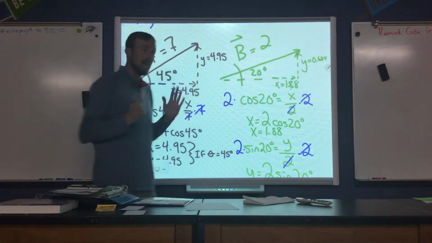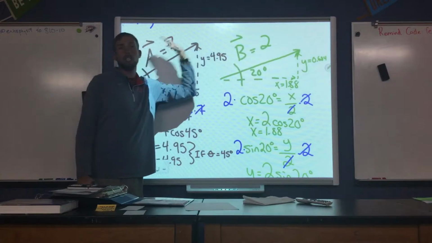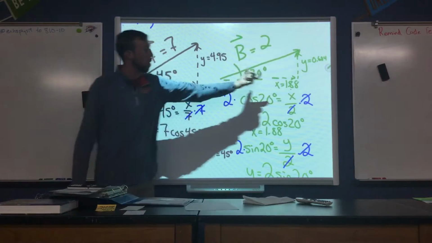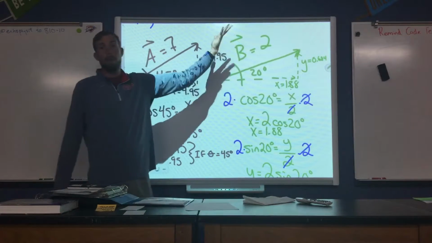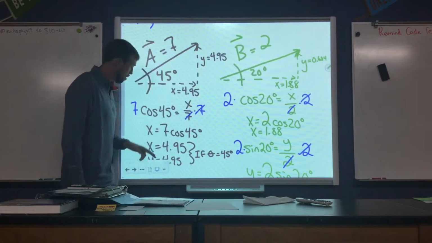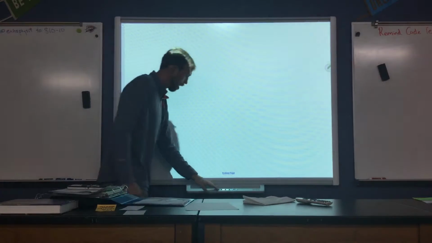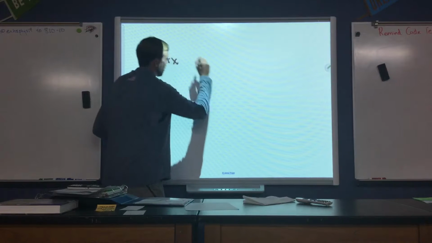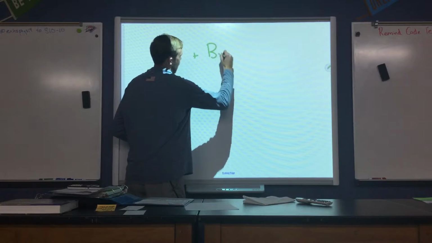Okay. Now we cannot, as I mentioned before, just add A and B. But we can add the parts of our triangles that are similar, the x parts or x components, and the y parts or y components. So now I'm going to do that. I'm going to add a sub x and b sub x.